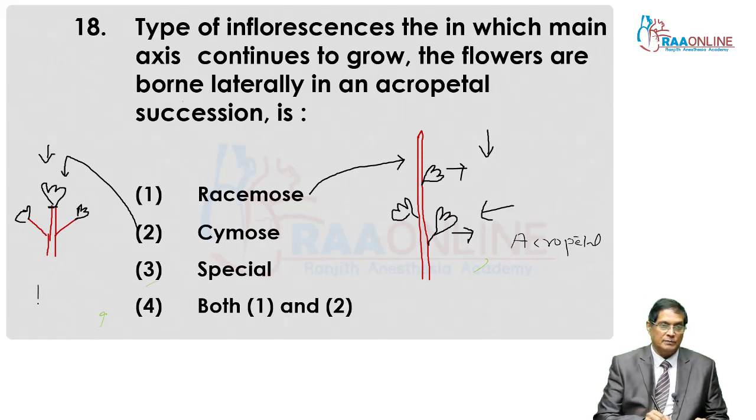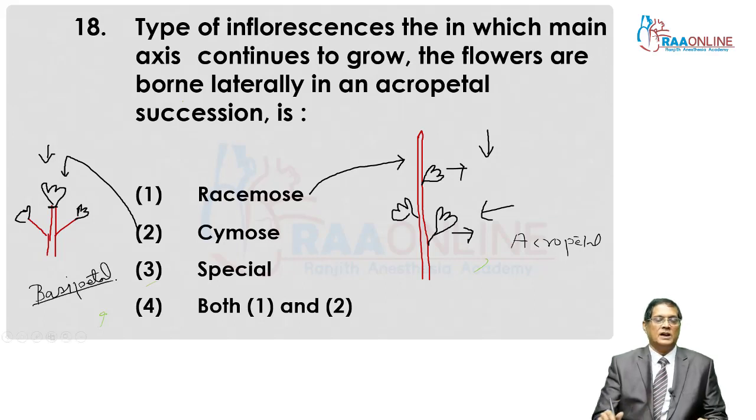Here they are arranged in basipetal, that is, the terminal flower is oldest, and on the branches they are comparatively new. So these are the two different types of inflorescence.